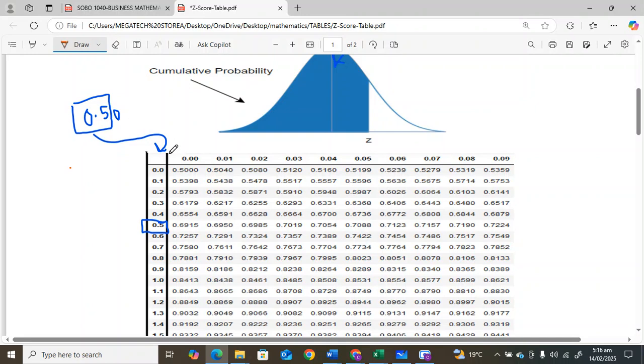We go to the top row for the last number. So our value is where these two intersect, right?